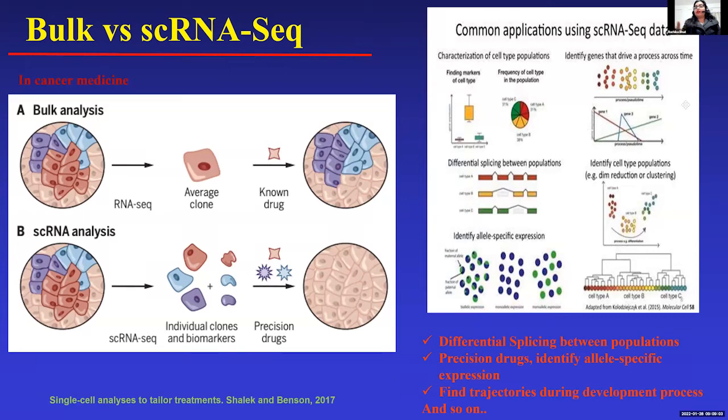And on the whole, when we want to check how the development process goes on, we can see the trajectories of the single cells that we have captured, and use them for trajectory analysis to determine the developmental processes.